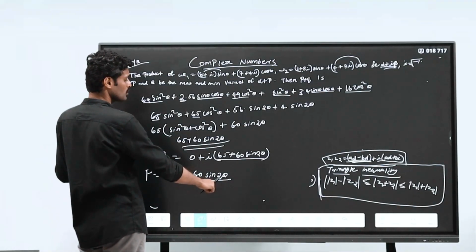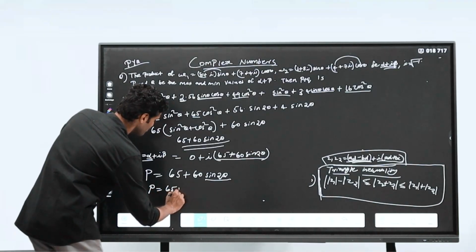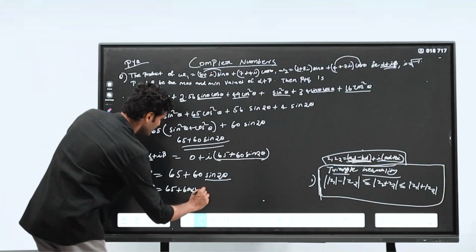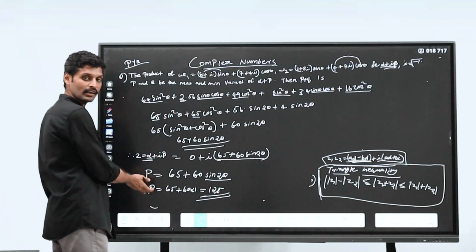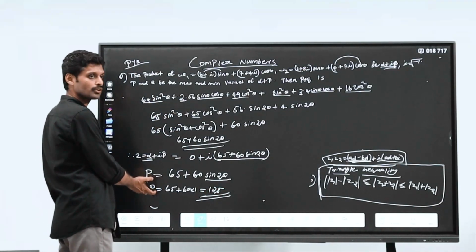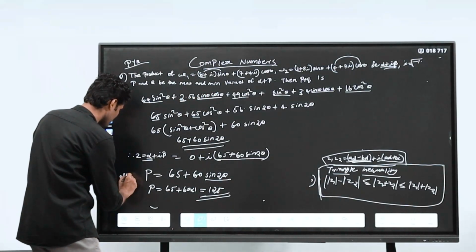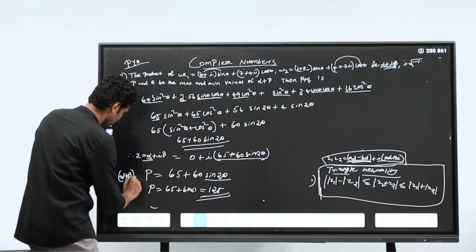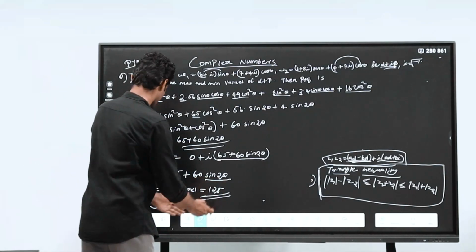If sine 2 theta is 1, then P will be 65 plus 60 into 1, that is 125. So the maximum value P is 125, and that is alpha plus beta maximum.